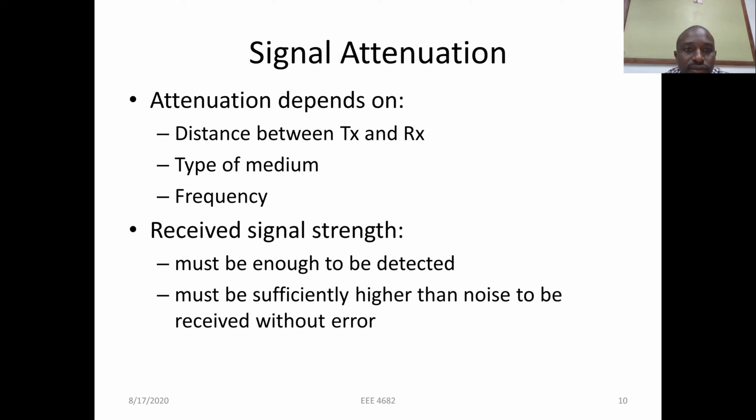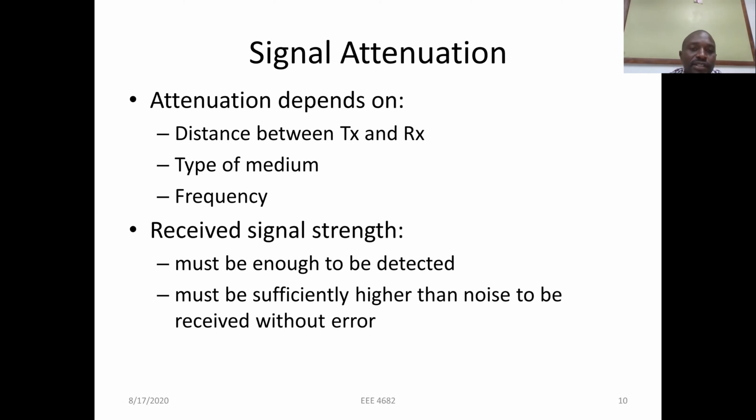Now, signal attenuation depends on a number of factors, one of which is distance. The longer the distance between the transmitter and the receiver, the higher will be the attenuation, and vice versa. It also depends on the type of media, whether it's wired media or radio media, and on the frequency.